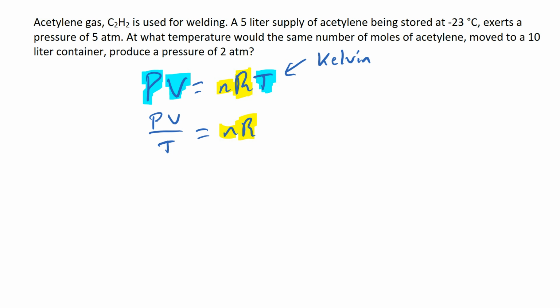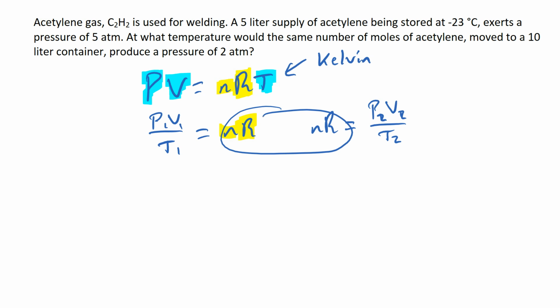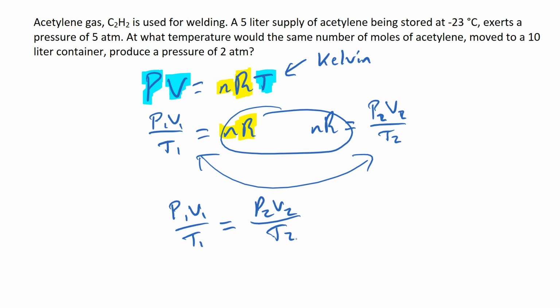Because that same amount is still going to be constant when we have our gas in a new tank with a new pressure and a new volume at a new temperature. So these two are equal, which means that these two are equal as well. I'm just going to cut out the middleman and set up my equation as P1V1 over T1 equals P2V2 over T2.